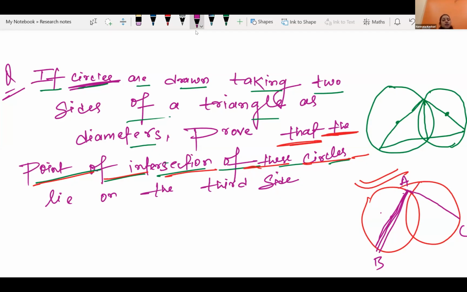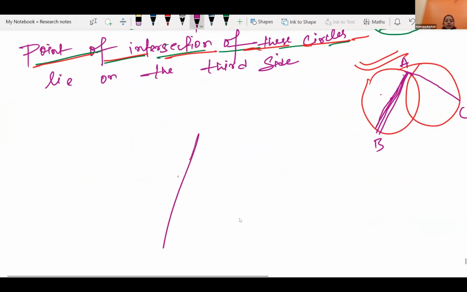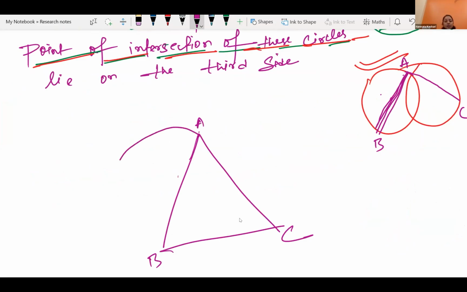Okay, if circles are drawn taking two sides of a triangle as a diameter, so basically we are having a triangle. Taking two sides of the triangle, suppose AB, we are taking as one of the sides of the triangle, and keeping it as a diameter, we are drawing a circle. Maybe it looks like this.